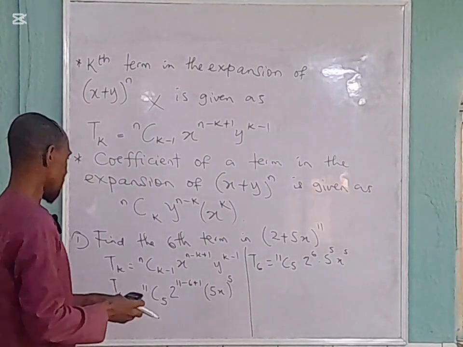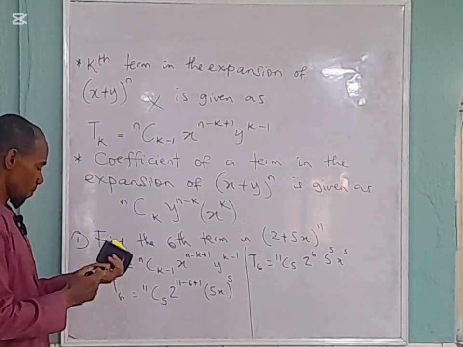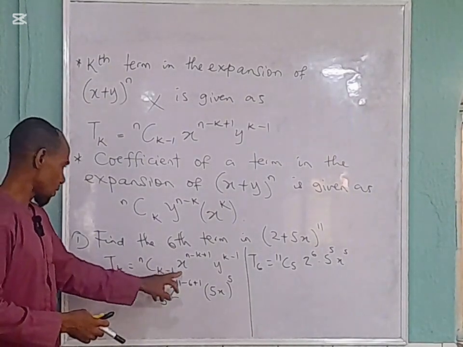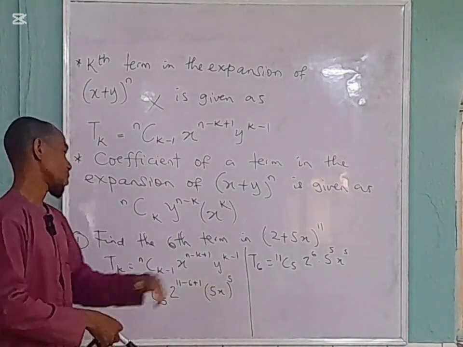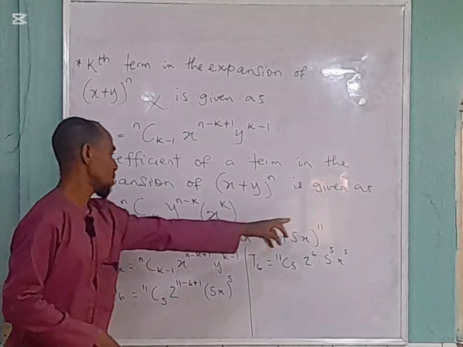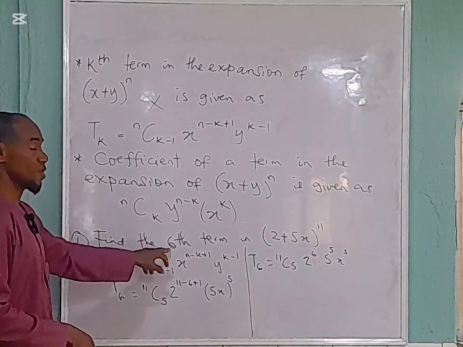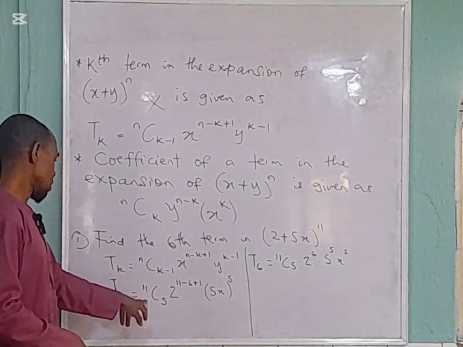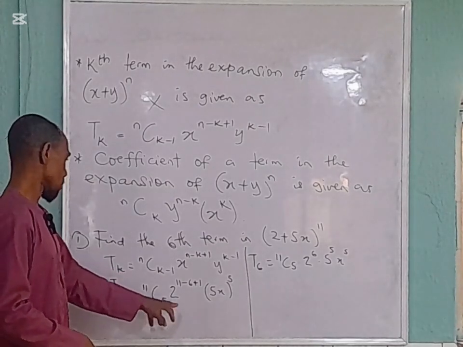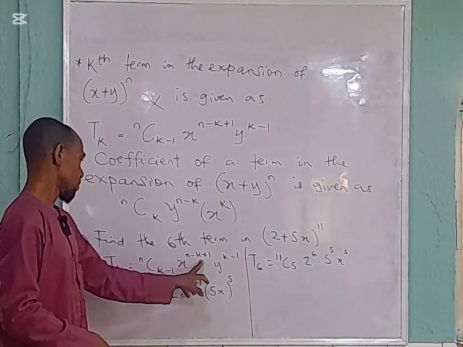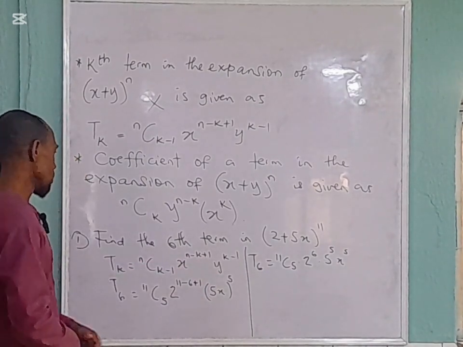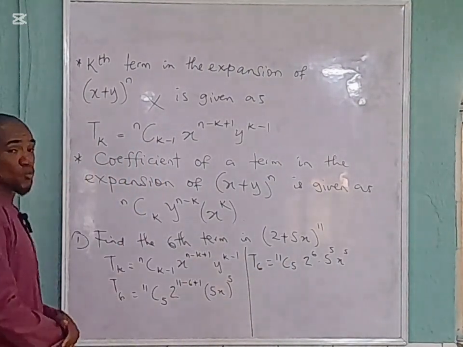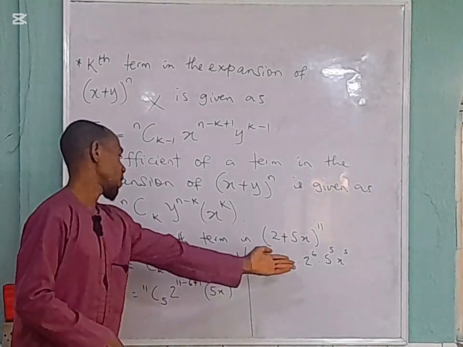Again, the formula is Tk equals n combination k minus 1, then x to the power of n minus k plus 1, then y to the power k minus 1. And we said that our n is 11, obviously from the question, and k is 6, which is the term we are desirous of getting. So swapping them in, we have 11 combination 5, 2 power 11 minus 6 plus 1, then y, of course, is the entire 5x raised to power k minus 1, which is 5.